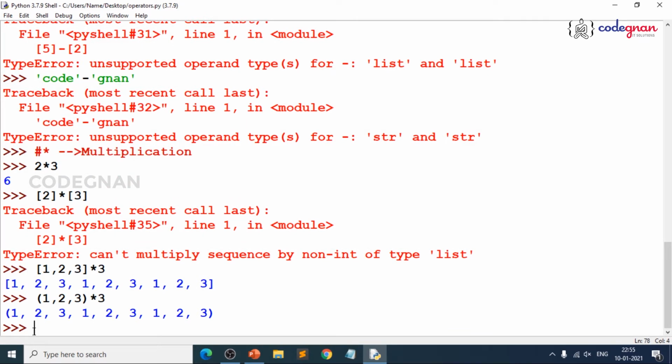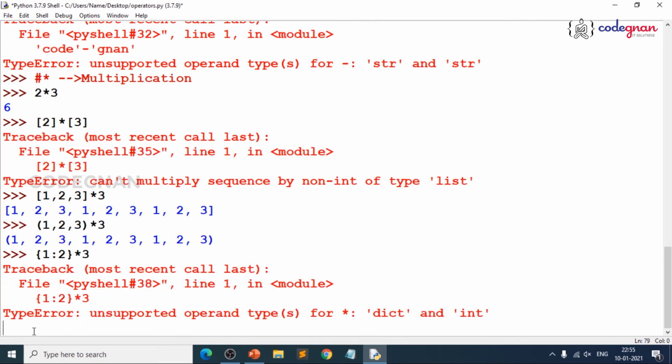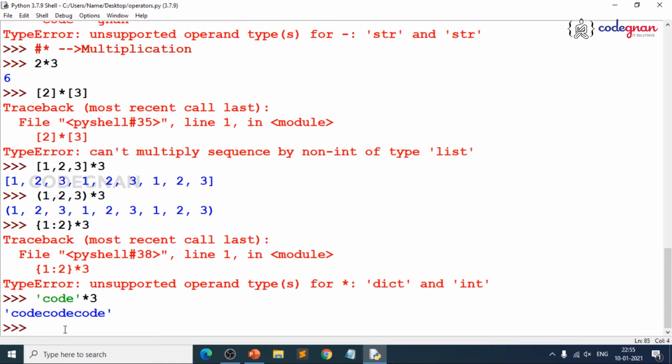Remember that point. Dictionaries have a key and a value. You cannot repeat a dictionary either. It is an unsupported operand for a dict and an integer. So star is only for list and tuple, where it goes for repetition. That is the main aim of star, where you multiply values on either side.